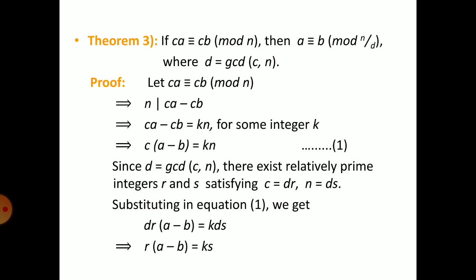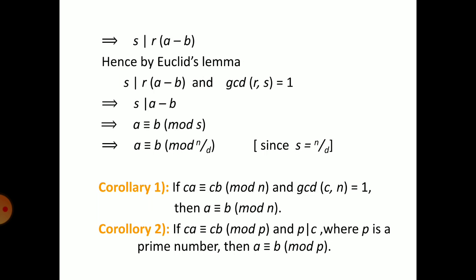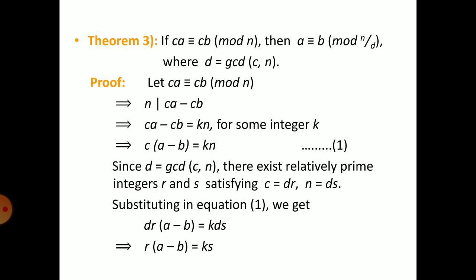Here CA is congruent to CB mod n. We can't write this as A is congruent to B mod n. Instead of that, we can write A is congruent to B mod n by D, where D is the greatest common divisor of C and n.